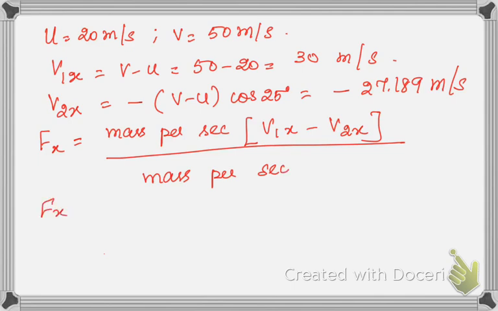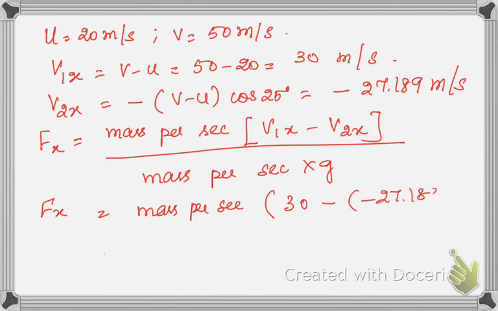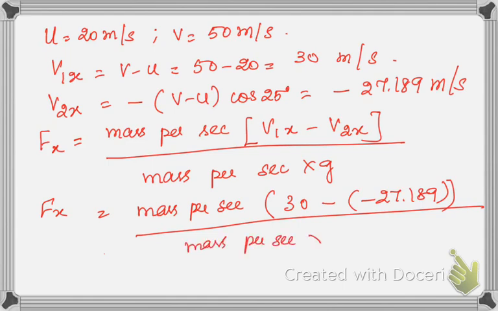So Fx is equal to mass per second into V1x, which is 30, minus of minus 27.189, divided by mass per second into 9.81. So this and this will get cancelled. So I'll be getting my Fx value as 5.829 Newton.